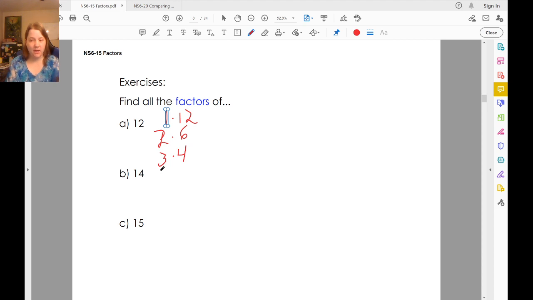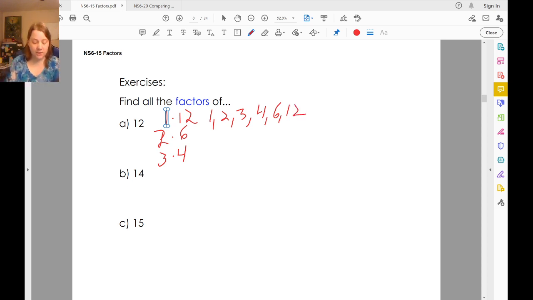Can I multiply by 4? Yes, I already got that. Multiply by 5? No. 6? I already have that. 7? No. 8? No. 9? 10? 11? Nope. So the factors of 12 are 1, 2, 3, 4, 6, 12.